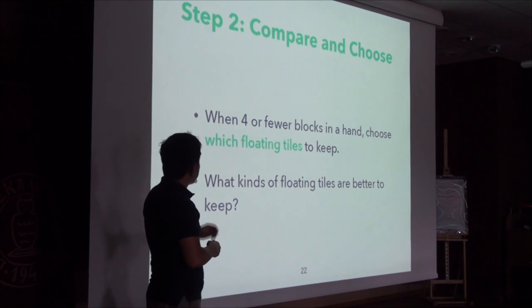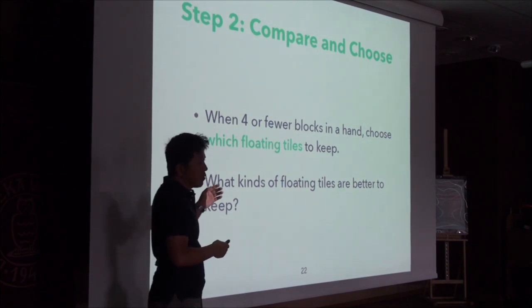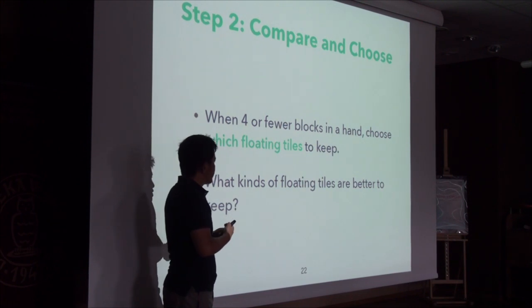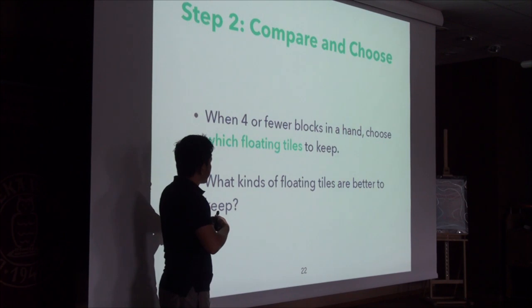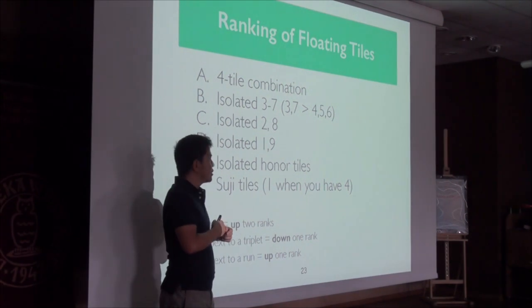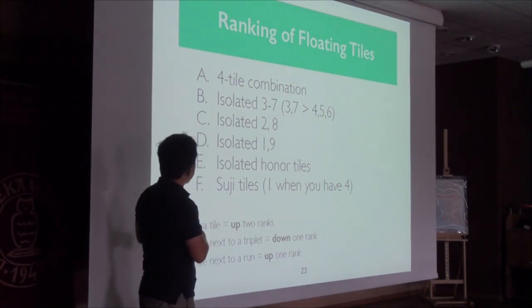Right, so what we need to know is what kind of floating tiles are better to keep, right? In choosing which floating tiles to discard. And this shows the ranking of floating tiles in the order of importance.